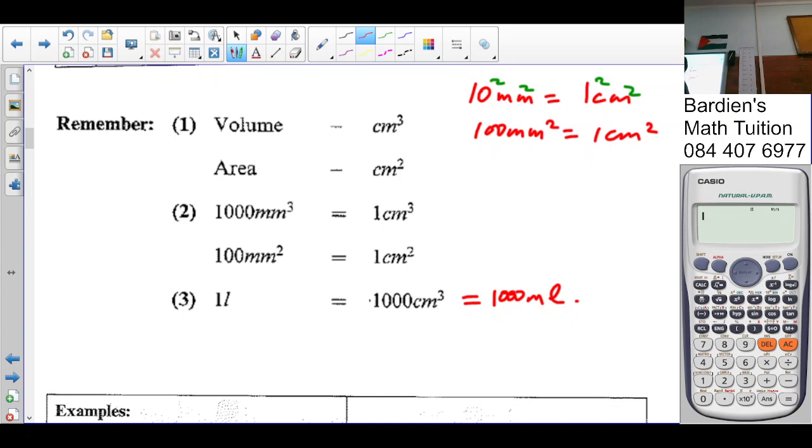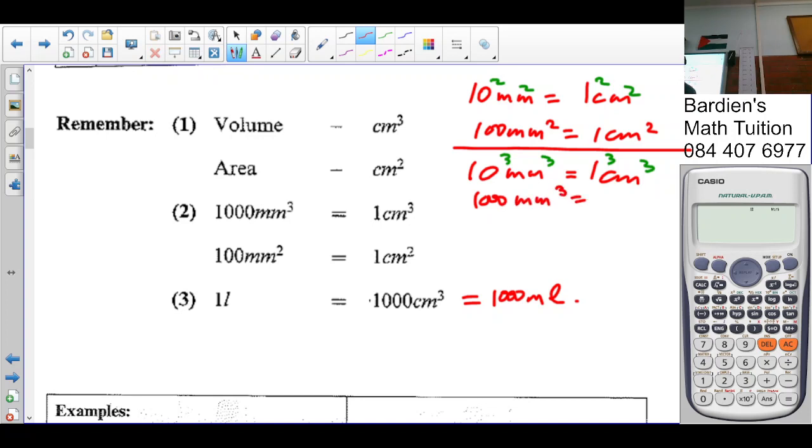Can you see that? Or if you want it in millimeters cubed, I just cube that. So that's going to be 10 cubed, which is 1,000 millimeters cubed is equal to 1 centimeter cubed.